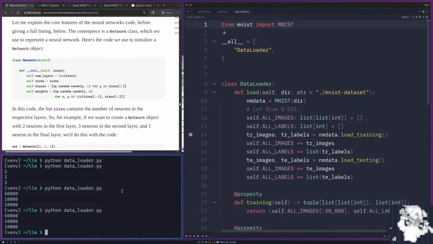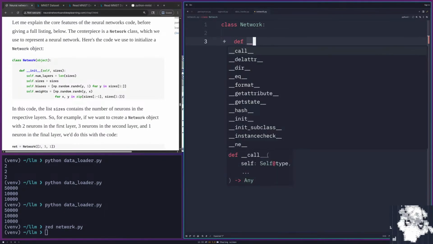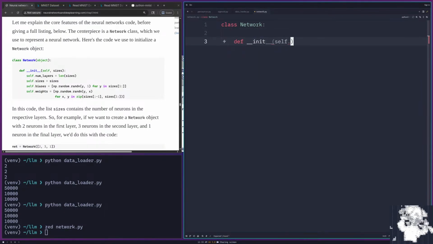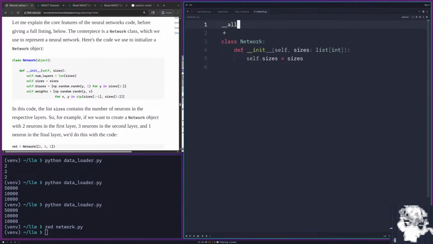Okay, let's do network.py, class Network, init, self and sizes. Sizes is a list of integers. So self.sizes equals sizes. We're going to want to export this.